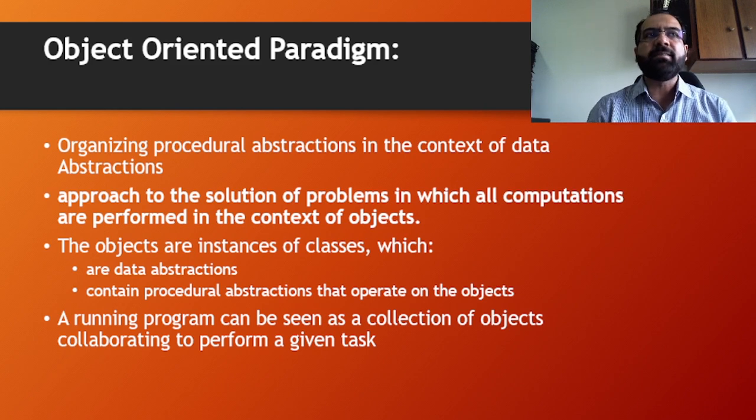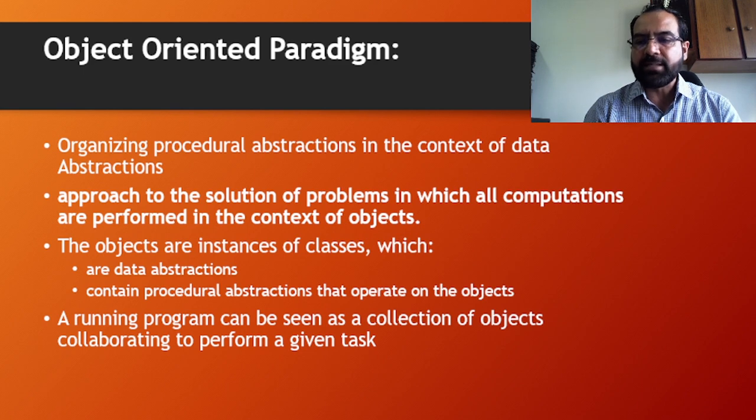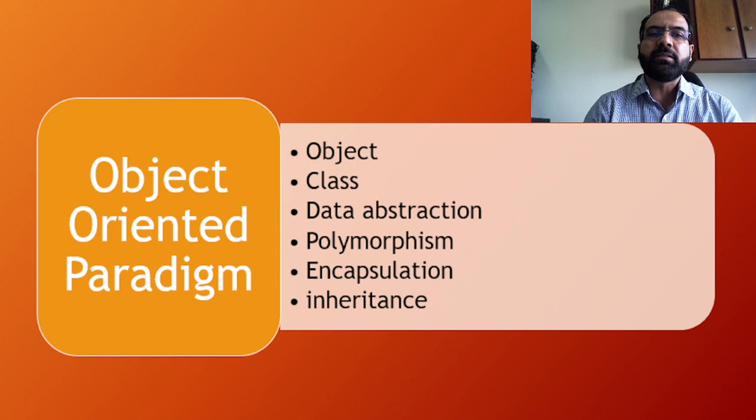So that is the difference between the object oriented paradigm and the procedural paradigm. In the object oriented paradigm, we are more concerned with object definitions, because the methods, functionalities, or operations are part of those objects. As far as reusability and maintenance are concerned, the object oriented paradigm has far more advantages over the procedural paradigm.